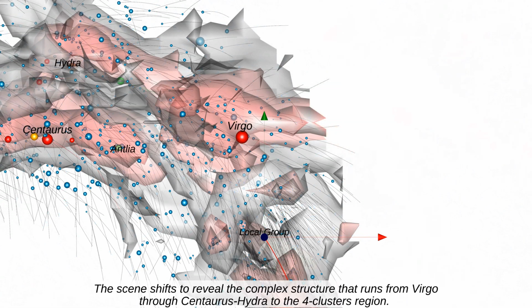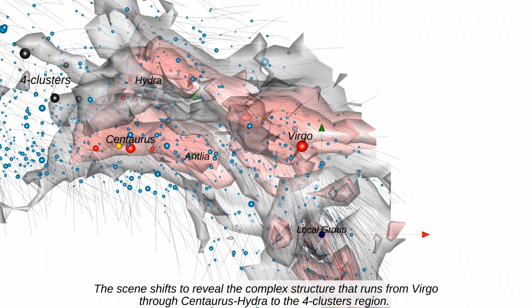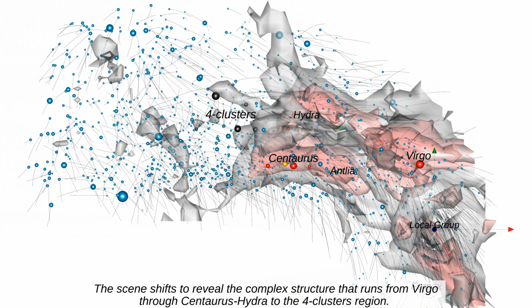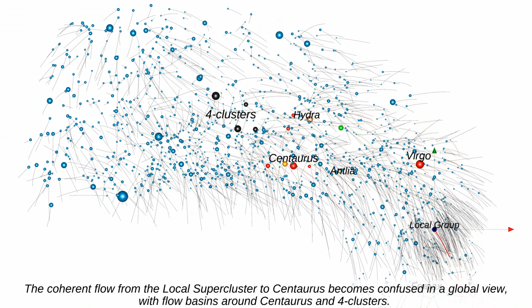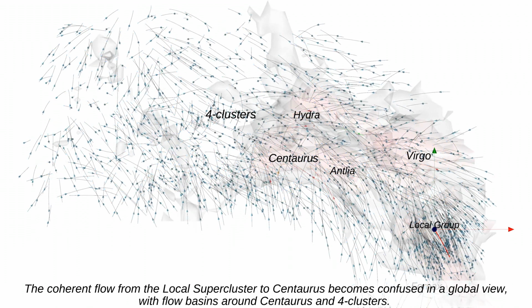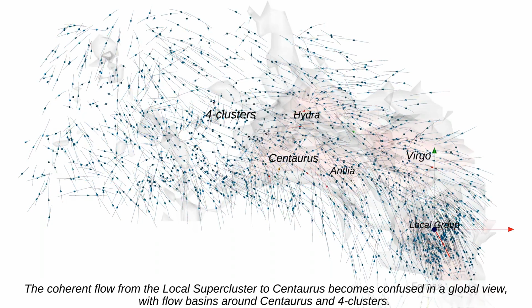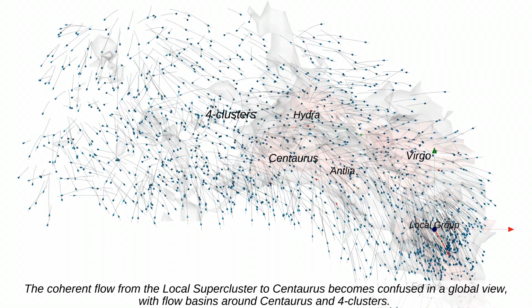The scene shifts to reveal the complex structure that runs from Virgo through Centaurus Hydra to the 4 clusters region. The coherent flow from the local supercluster to Centaurus becomes confused in a global view, with flow basins around the Centaurus and 4 clusters.